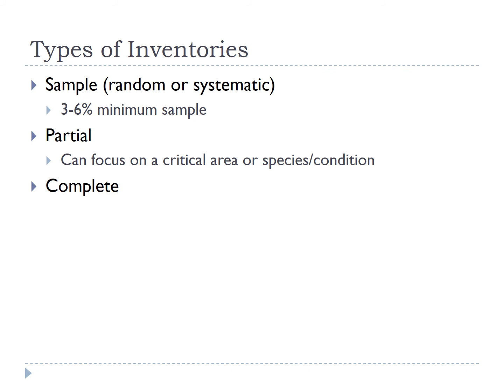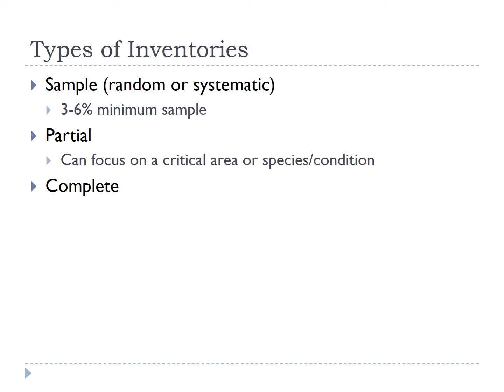Another thing to consider is the type of inventory. Often when we talk about street tree inventories, we're conducting what we'd call a complete inventory. And this is where we'd have every tree on every street in the city inventoried. And that doesn't necessarily have to happen all in the same year, but it would happen in a cycle.